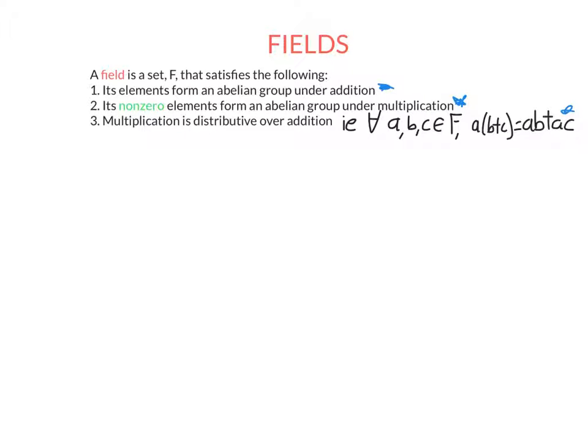So, just so we can understand this, fields are a subset of integral domains. What that means is that if something is a field, it will be an integral domain by construction. The reason for that is because, remember, fields have to have multiplicative inverses.